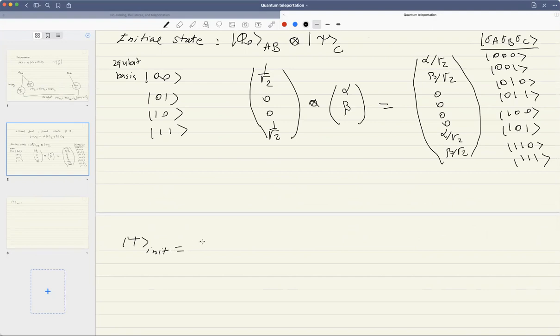It is going to be alpha over square root 2, then I have 0A, 0B, 0C.